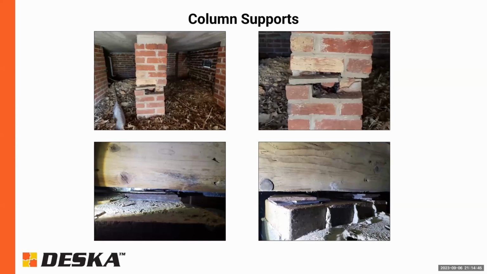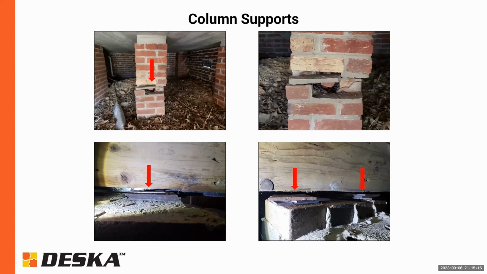Here's an example. Obviously, the column has fractured and it's failed. It could be mortared up, but really it should be replaced. Another issue that we see often is in these two lower pictures. This is in a crawl space, and you have a beam on the top and you have a column below it, and you'll notice that the beam is floating there. And this actually happens more frequently than you would think.